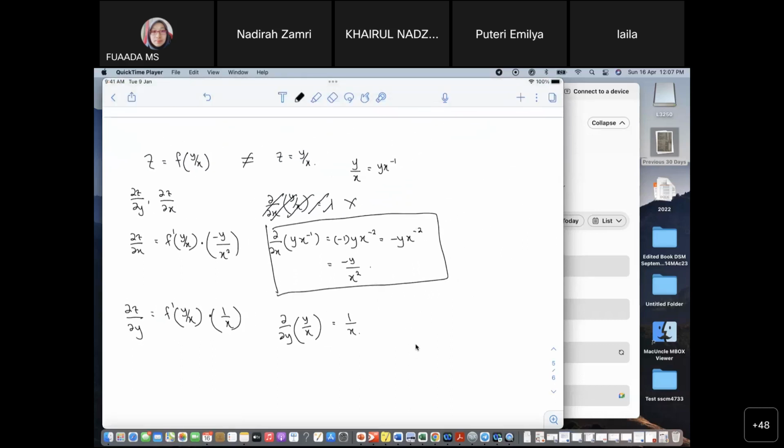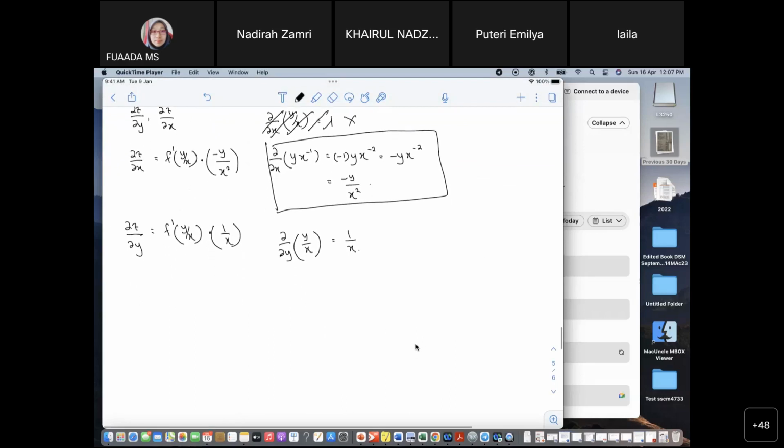So then we substitute into the expression that you want to show, where we have z_y times y, so y del z del y. This is from the question, so look back in your notes. The question asks us to show that the expression y del z del y plus x del z del x is 0.